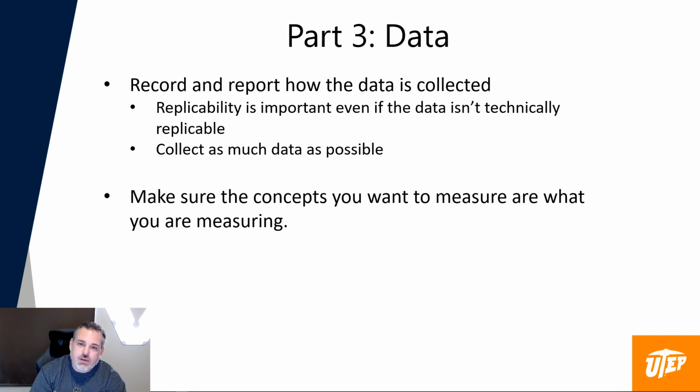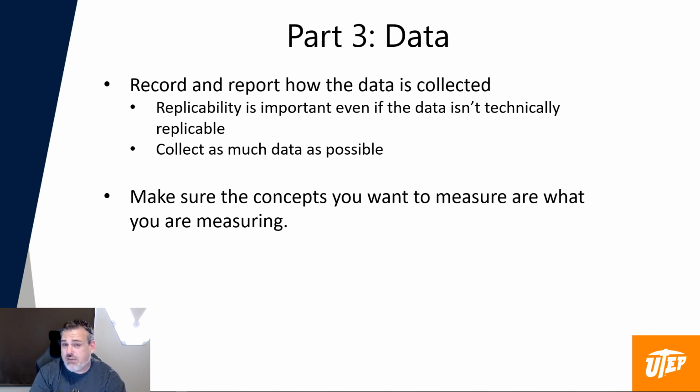Now, another thing that we need to focus on is make sure that the concepts that we want to measure, so the moving parts in our theory, are actually what we're measuring and not something else. There are many instances where, at least in quantitative research, we use what are called proxy variables, which are variables that measure some easily observable quantity, but we actually use them as indicators for something else that's much more difficult to observe.